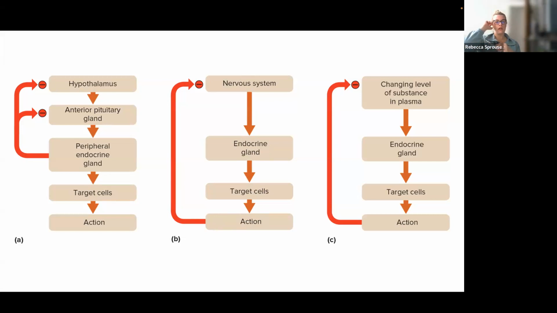And then the self-detection of hormone levels, that's this third example. The action also regulates the stimulus here. So, changing level of a substance in the plasma, let's just say that your sodium's too low in your bloodstream, right? If your sodium's too low in your bloodstream, maybe the posterior pituitary or the adrenal cortex is stimulated, and that targets the kidneys, and the kidneys are going to reabsorb that sodium and therefore water.